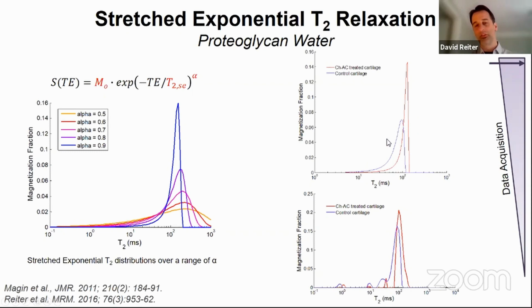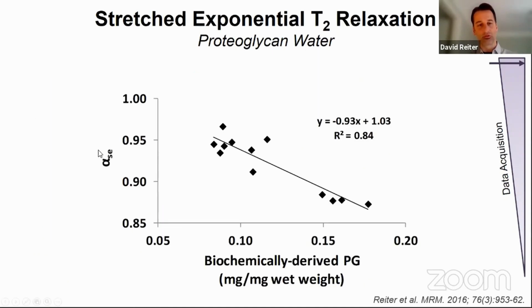And you can see that the stretched exponential kind of traces the envelope of the multi-exponential fit to these cartilage samples, using really high quality, high signal to noise data, suggesting that this model captures some of the same information that we might be after for detecting proteoglycan changes.